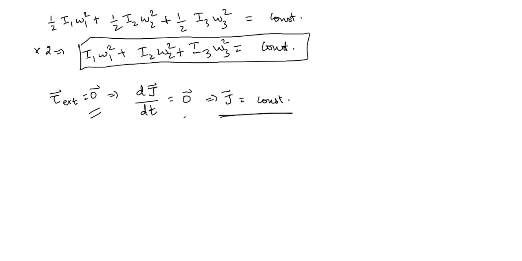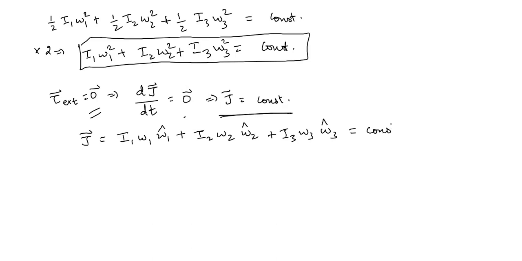It's a vector quantity. So I can write this angular momentum as I1 omega 1 in some direction, that is I1 omega 1 hat, I2 omega 2 hat, I3 omega 3 hat, that is equal to constant. Now what is the magnitude of this? The magnitude square is J square, which is J vector dot J vector.